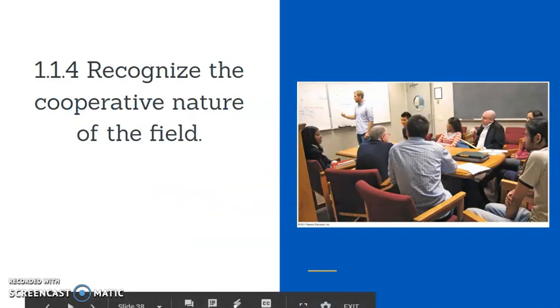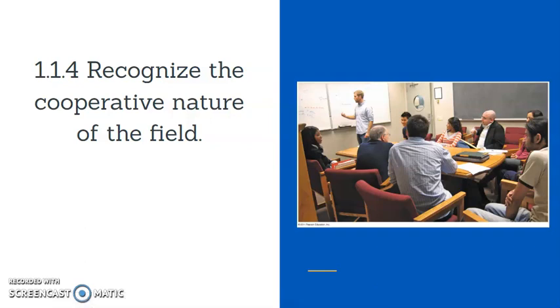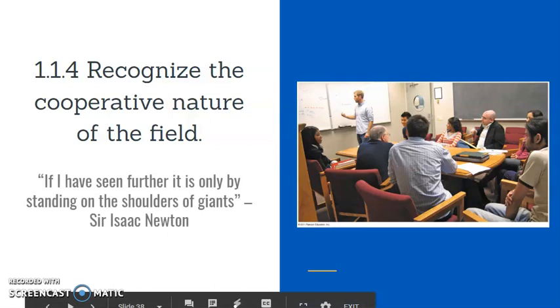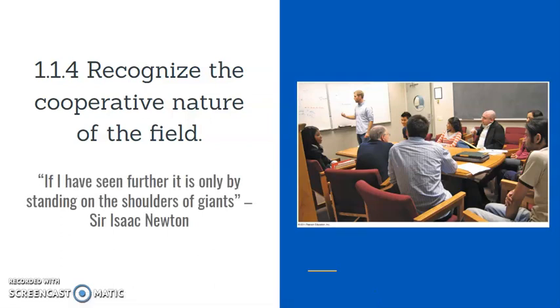Lastly, we need to acknowledge how the many scientific fields are interrelated and rely upon one another. Sir Isaac Newton was quoted as saying, "If I have seen further, it is only by standing on the shoulders of giants." Science is like this, in that preceding knowledge leads to new knowledge.